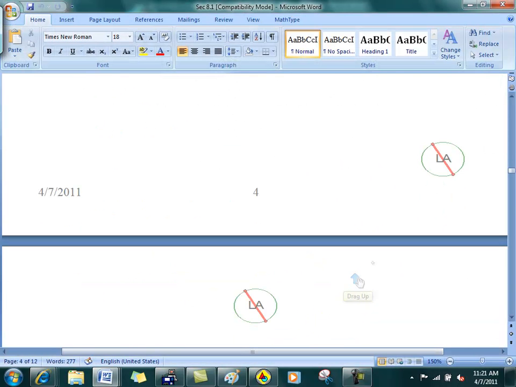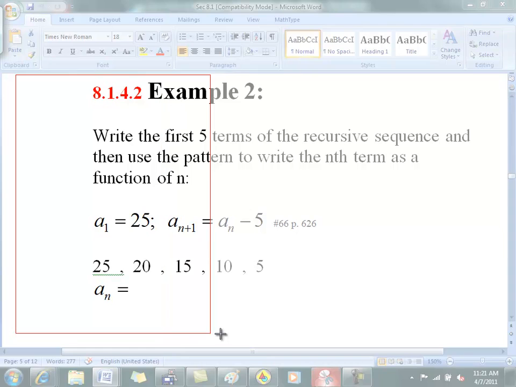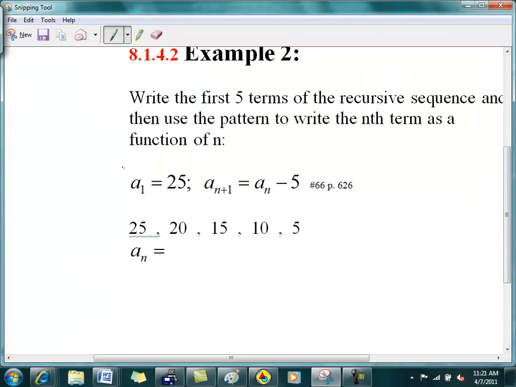let's take a look at the next sequence here, okay? So here's your sequence. Okay, it's given to you in recursive form. That's a recursive form.